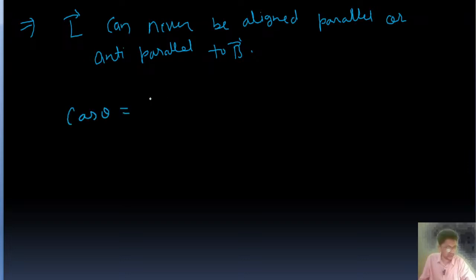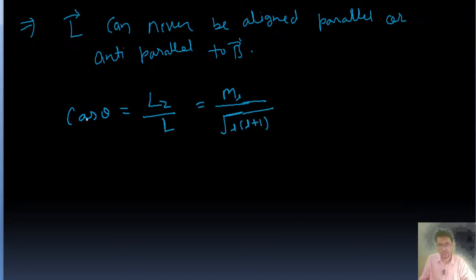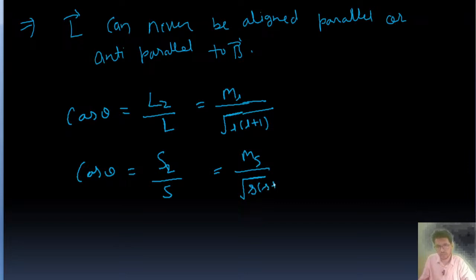Okay. Next is this cos theta. Cos theta for L is Lz upon L, or we can write ml upon root L into L plus 1. And cos theta value is going to be, for spin, Sz upon S. So this value is going to be ms upon root S into S plus 1. And similarly, this will tell the orientation.